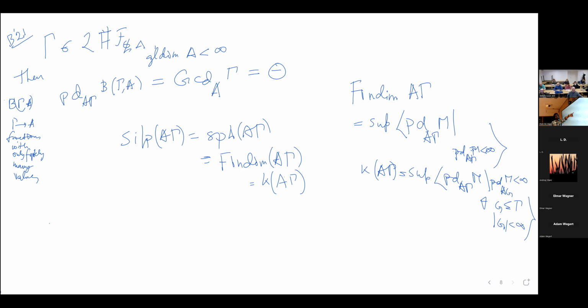If gamma is of type phi, in the Talelli definition, then it is easy to show that type phi is equivalent to this quantity being finite. So these four guys are the same, and they're bounded on this side by theta and on this side by theta plus the global dimension.